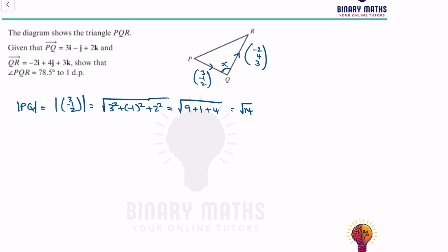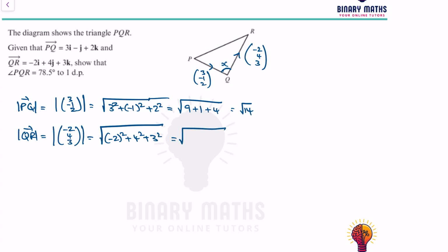In a similar way, we have to work out the magnitude of Q to R, which is the magnitude of minus 2, 4, 3, which is the square root of minus 2 squared plus 4 squared plus 3 squared, which is 4 plus 16 plus 9, which is the square root of 29.